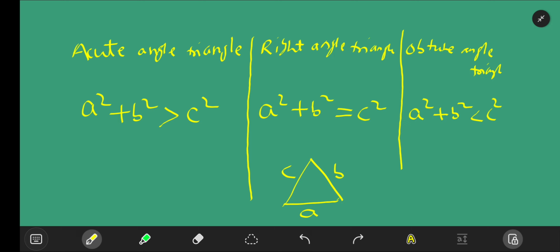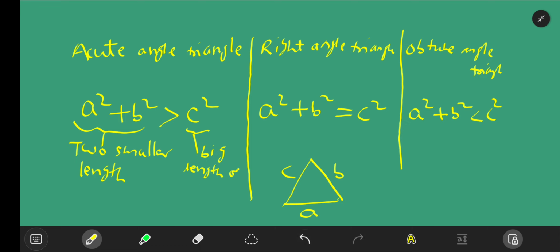You have to write this. a, b are the two smaller lengths, and c is the big length of the three sides.